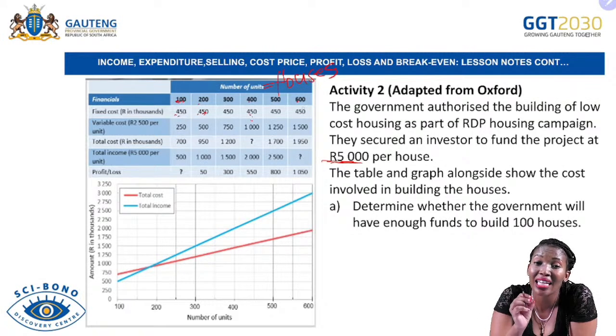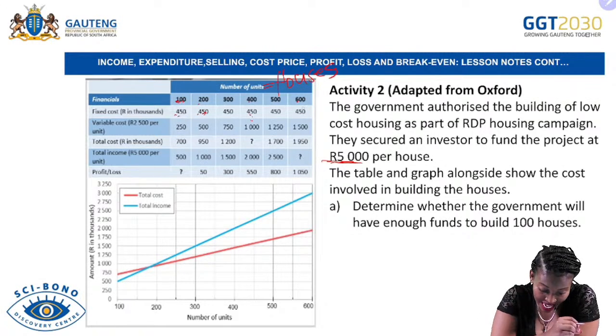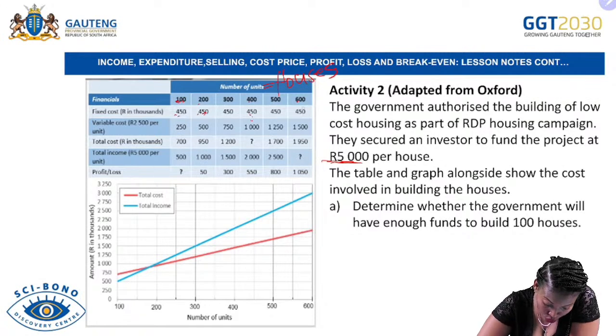At 450,000. Let us look at the graph and see if that is the case. We've got two graphs here, guys. The first graph, it is the total cost, which is the red graph. And then the second graph is the blue graph, which is the income graph. And also with the income, we've got the income of 500.